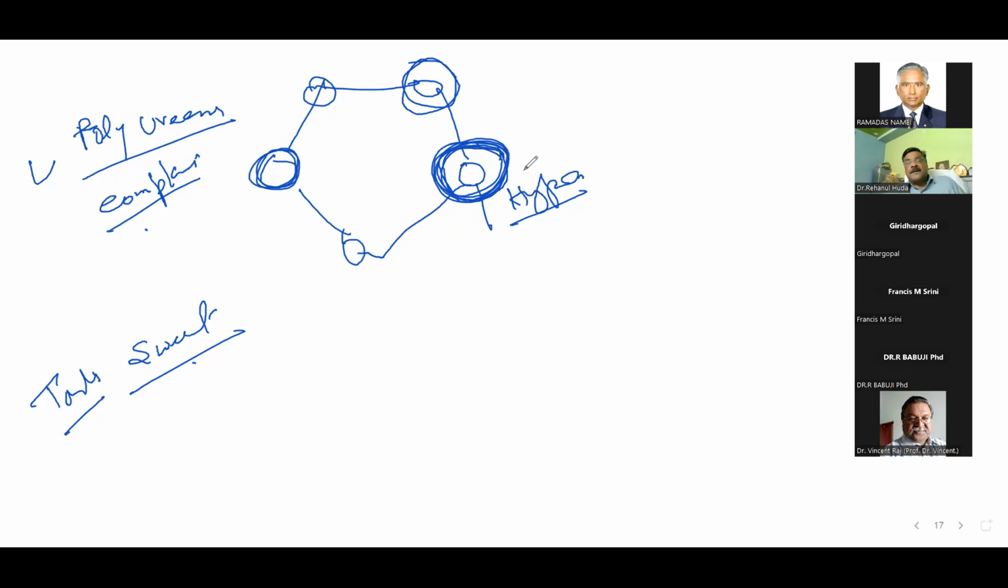So the cause of the deficiency in the spleen is the fire. So we will treat the fire. By treating this fire element, by treating the heart and small intestine, we can control the polyuria or frequent urination.